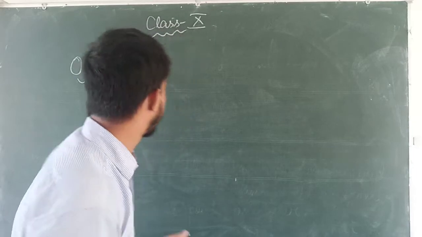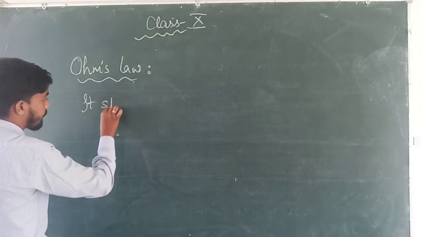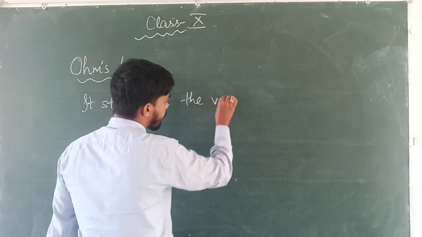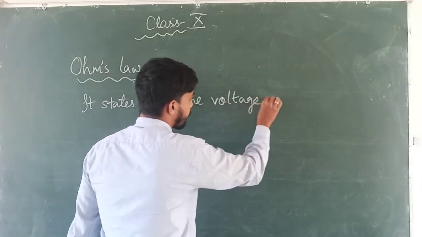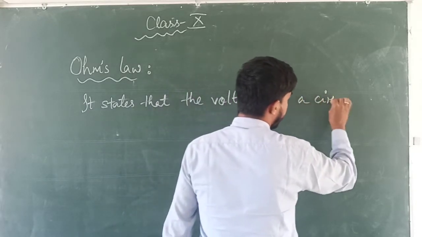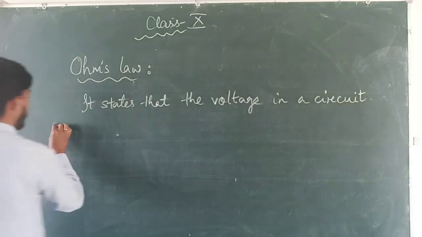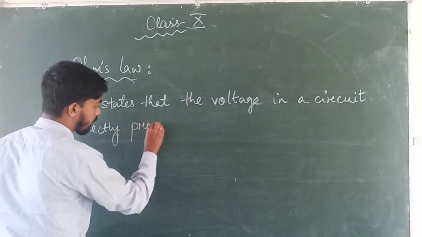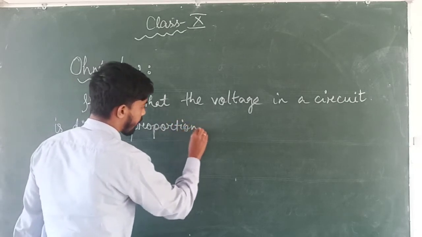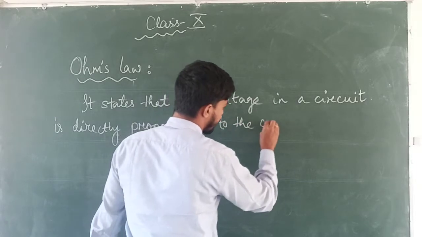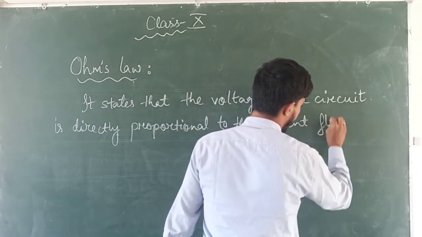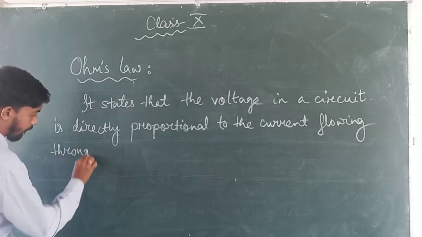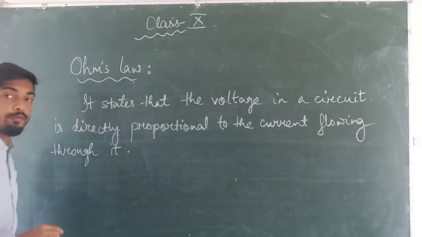So I am just giving the definition here. It states that the voltage in a circuit is directly proportional to the current flowing through it, means the current flowing through the circuit.